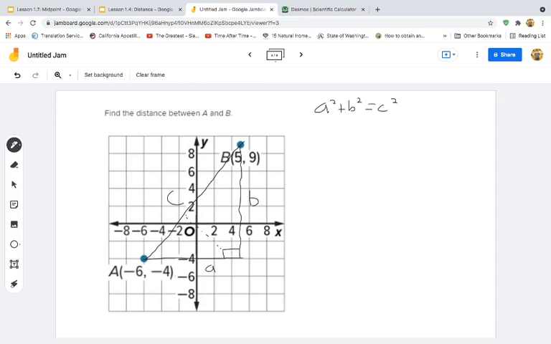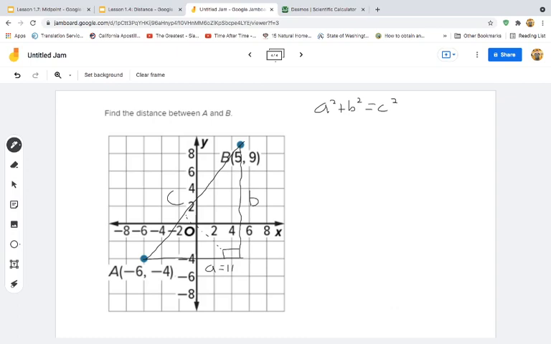From here, we'll do some accurate counting, set up the Pythagorean theorem, and plug stuff in. We're going to start with A. A is going to be from -6 to +5. From this point all the way over here is a total of 11. So the bottom here has a length of 11. Remember, we're in 2's, so don't let that fool you.